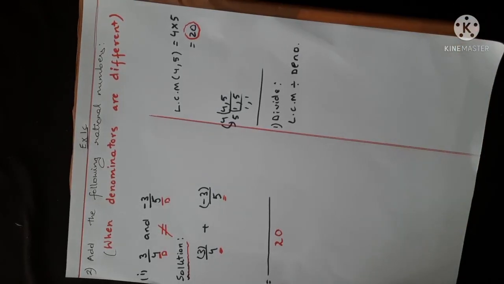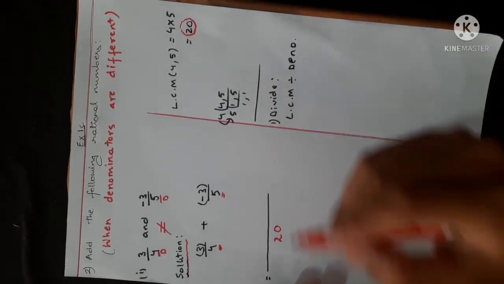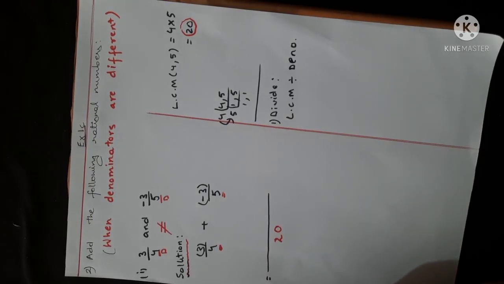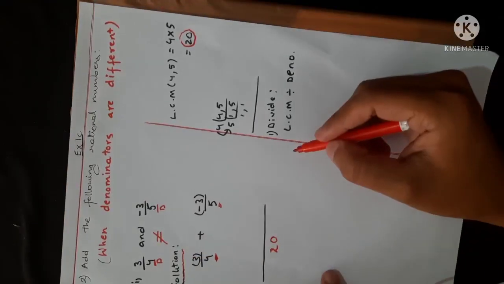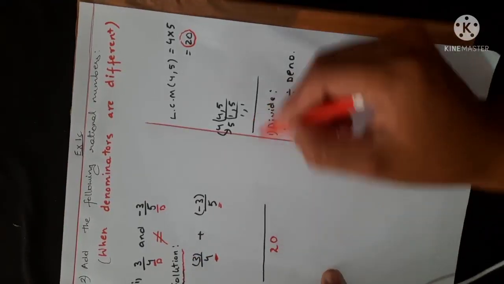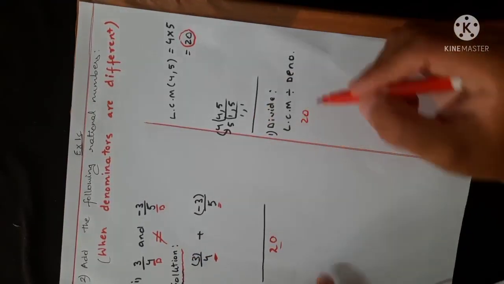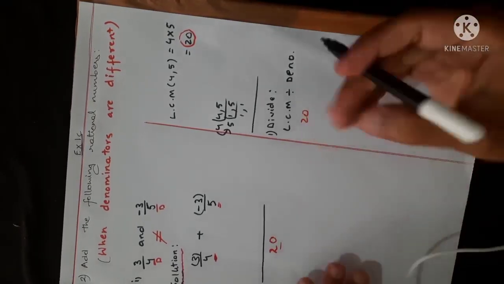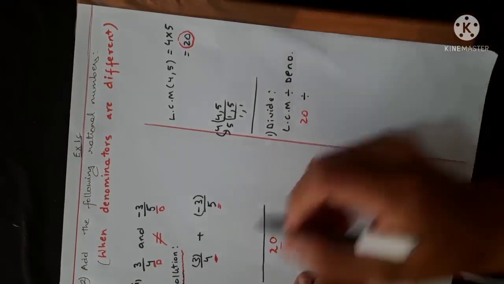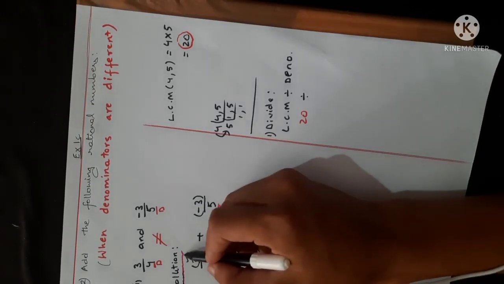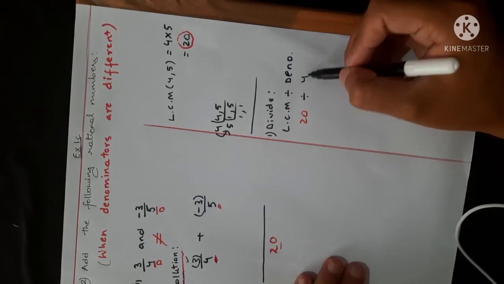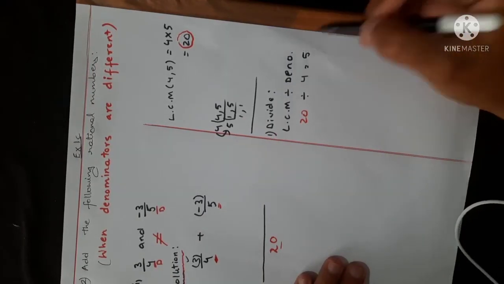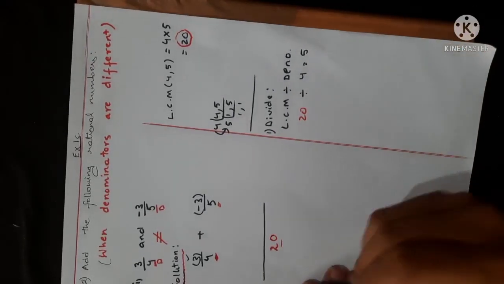Let us do first for this fraction, 3 by 4. LCM is 20. So 20 divided by the denominator of the first fraction, which is 4, equals 5. Isn't it? So we write here 5.